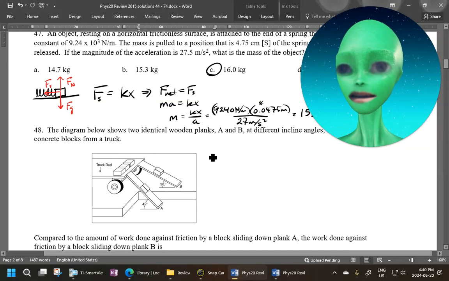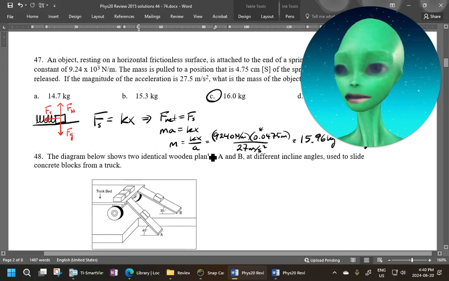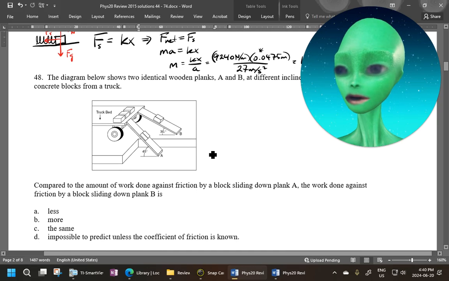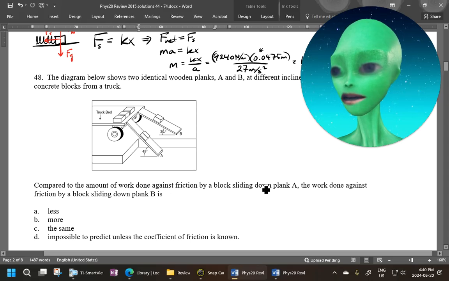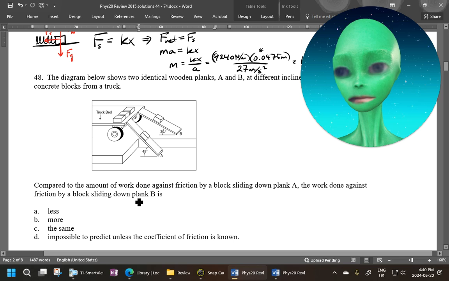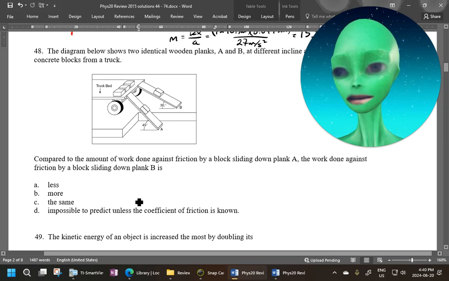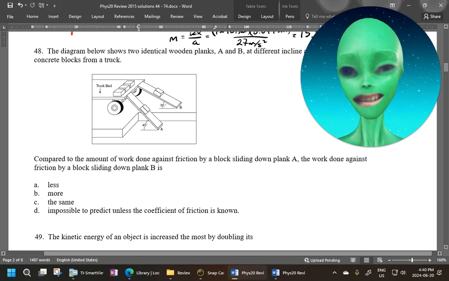Okay. In the diagram, two identical planks, A and B, at different angles, are used to slide concrete blocks from a truck. Comparing the amount of work done against friction by sliding the block down plank A and the work done against friction on plank B. Pretty much D here.